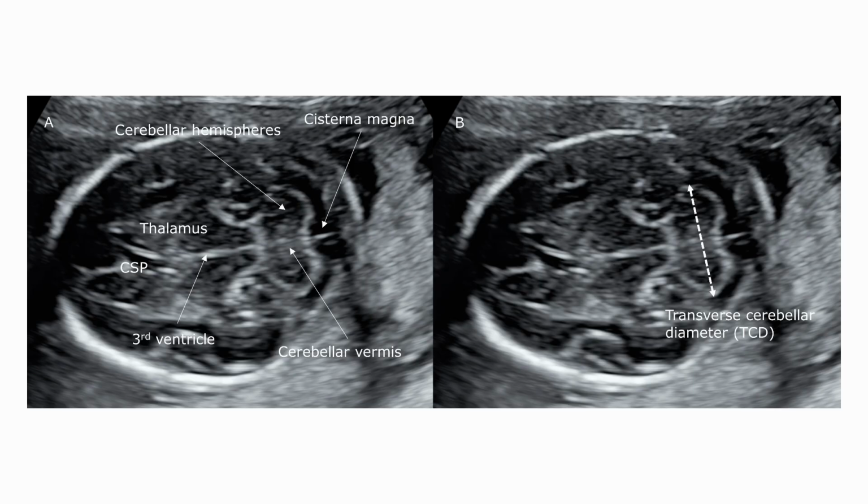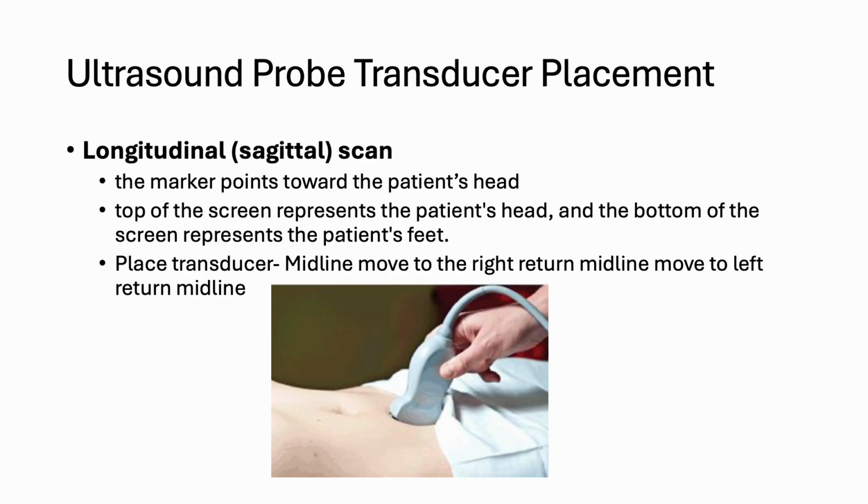And so when you're moving the probe, you're going to be focused on how the baby is lying, and then make sure that you angle that sonoprobe to capture the image that you're looking for. And so this is not going to be like the position that we saw in the picture because the baby can move all throughout the mom's abdomen.